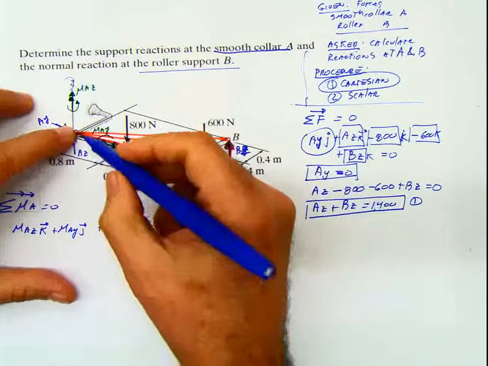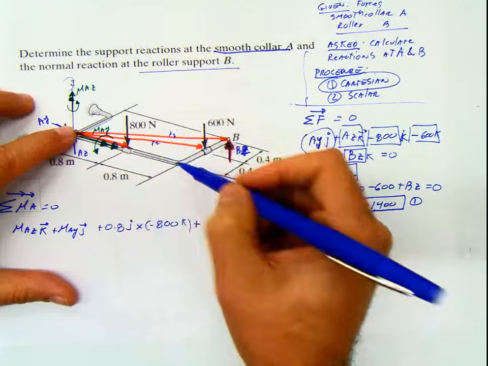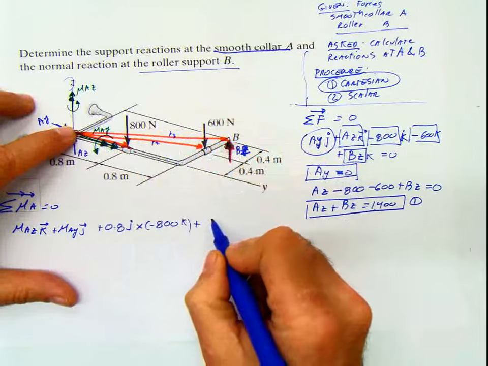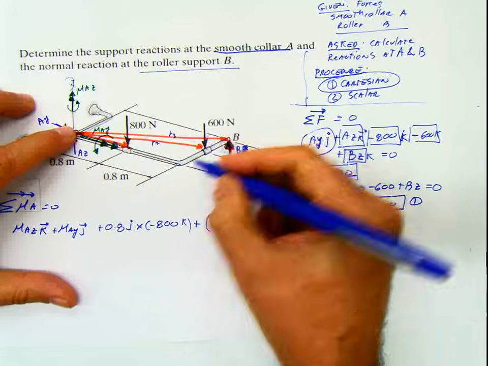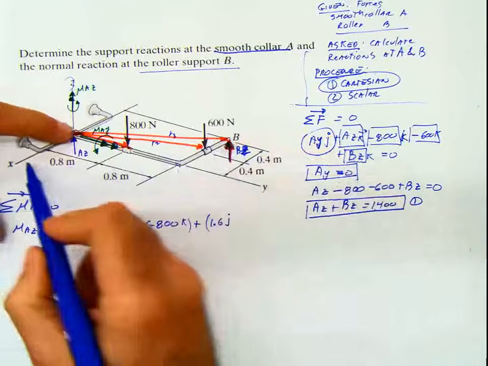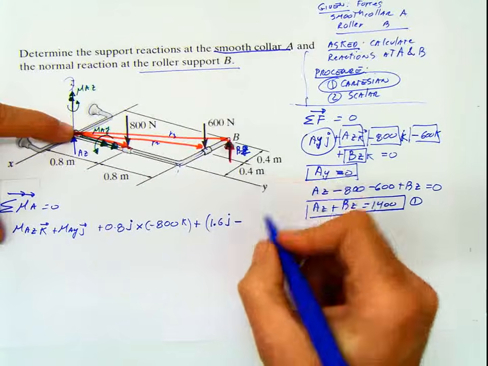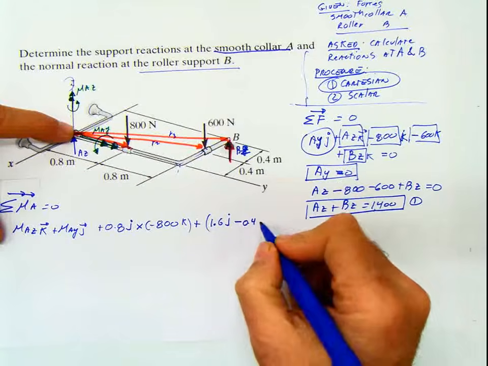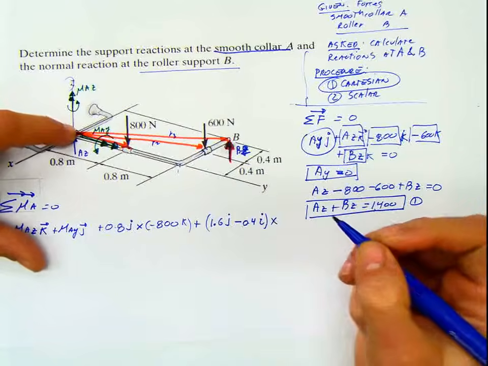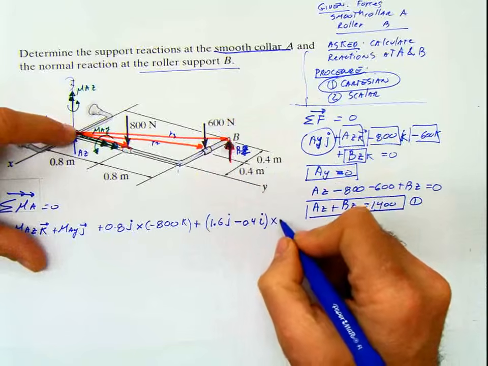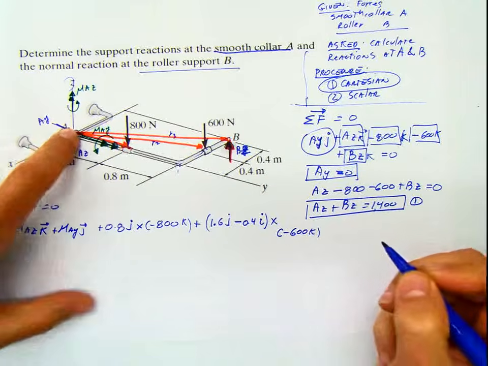The R2 is going to be from here to here and from here to here. So this distance from here to here is 1.6 j. That's my R. And from here to here is going to be negative, because I'm going in the negative direction of X, negative 0.4 i, cross multiplied by this force, and that force is negative 600 k.